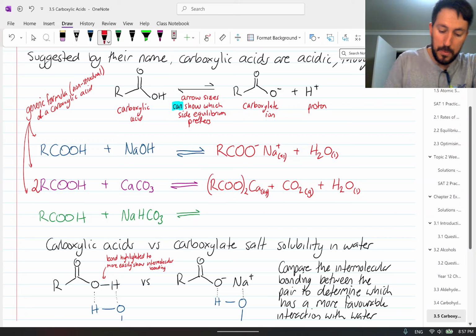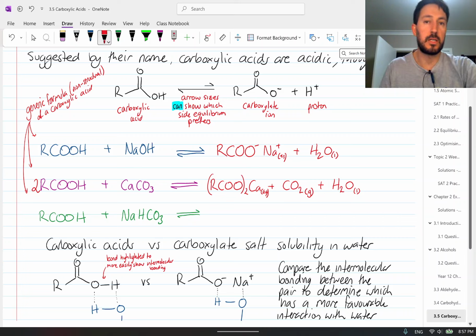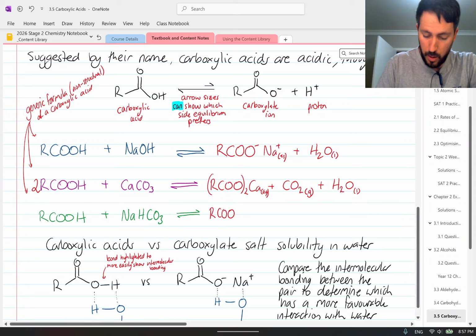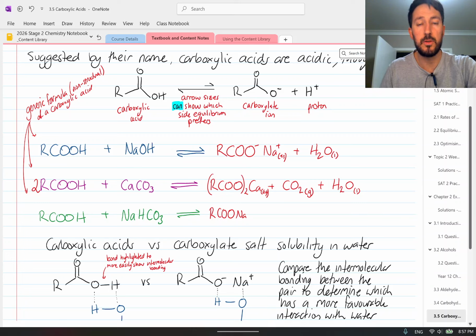Now, we can also react them with sodium hydrogen carbonate or metal hydrogen carbonates. When that happens, similar deal. Whenever you see a carbonate, you'll need to make CO2 come out. You'll also be making a carboxylate salt. So that is our same thing again, RCOO, in this case with sodium, our metal in our hydrogen carbonate.